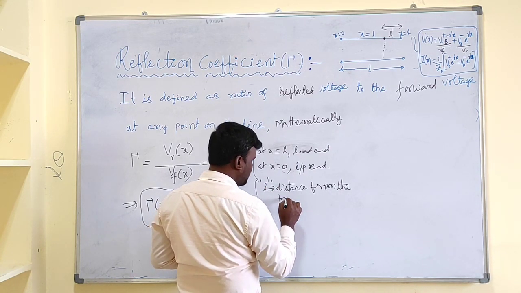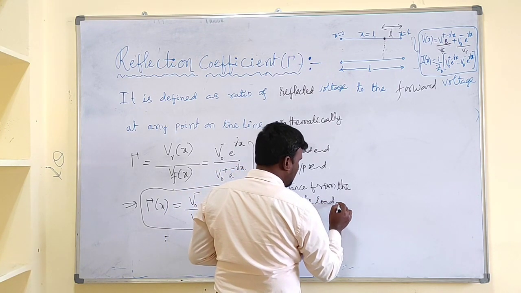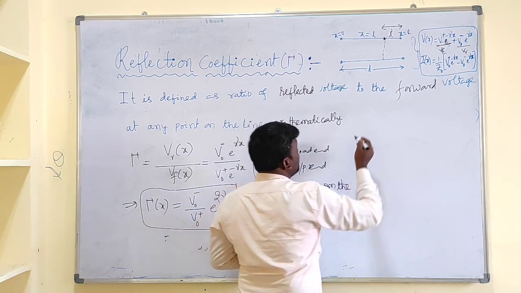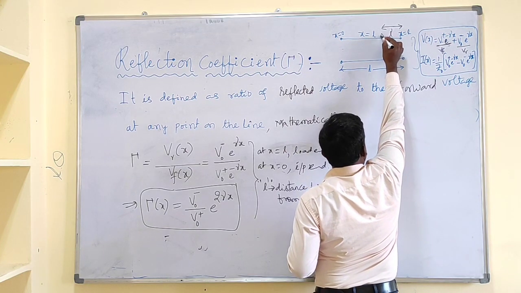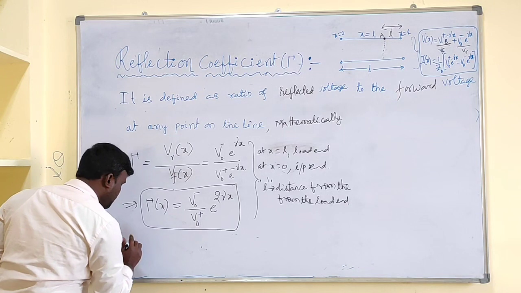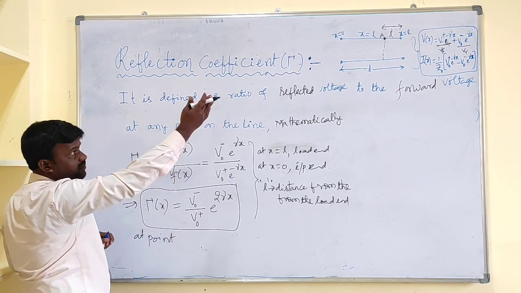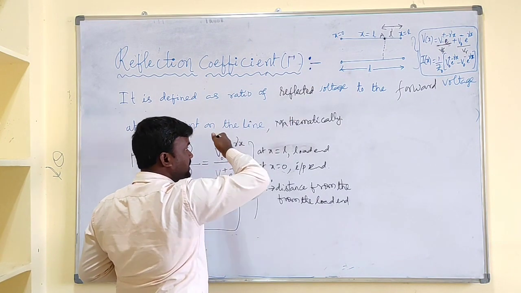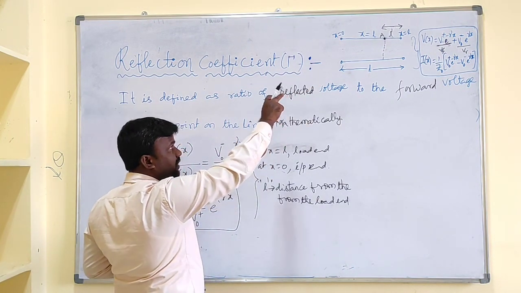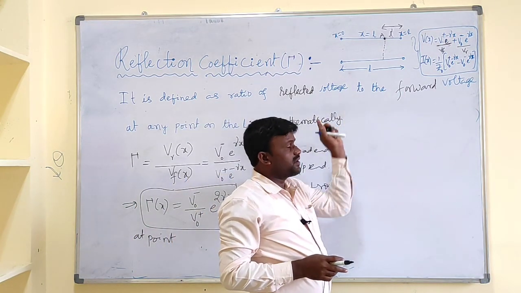Let us take this as point A. At point A, we can take any point, and that A may be shifted to here. So let us take that point A is L dash distance away from the load end.